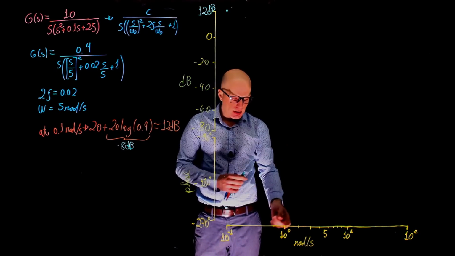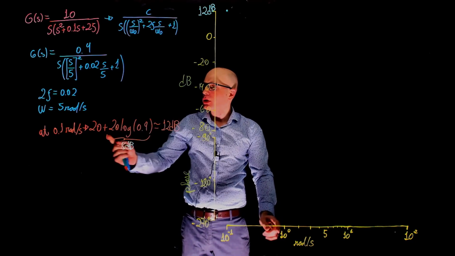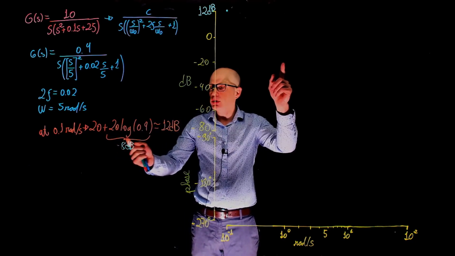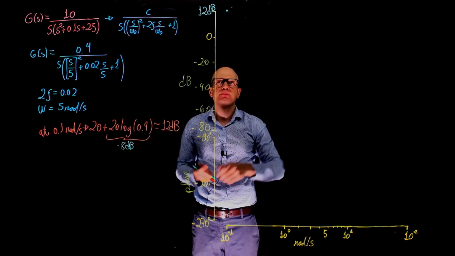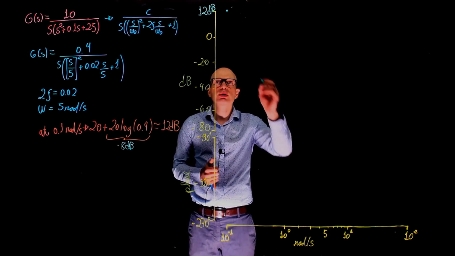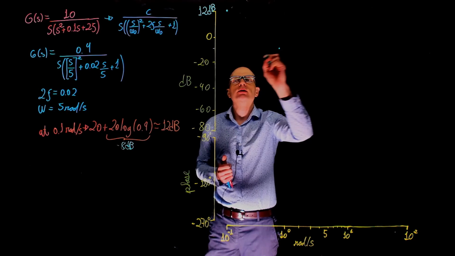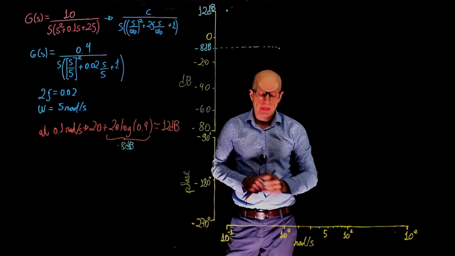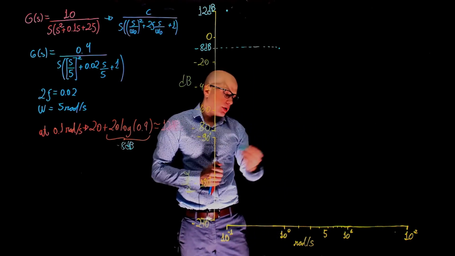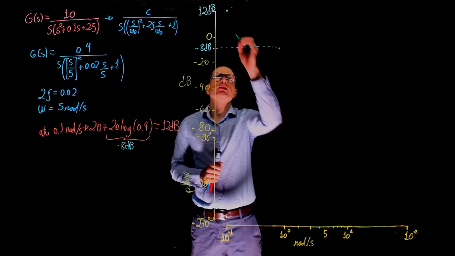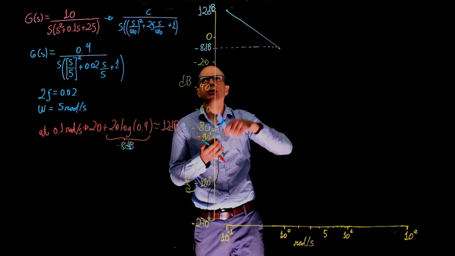Another way to see this is that at exactly 1 radian per second, the pole at the origin passes through 0. So the only thing affecting the Bode plot is the gain. 20 log of 0.4 is negative 8. So here we should be at around negative 8 dB, and this is at 1 radian per second. Now we can keep increasing the frequency, and the Bode plot will continue to go down following this slope of negative 20 dB per decade.